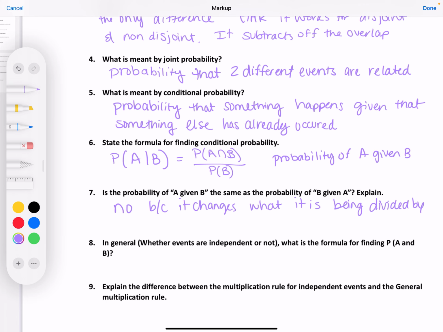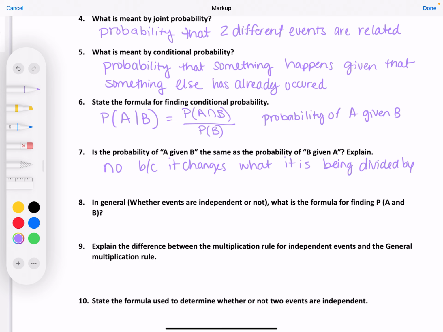In general, whether events are independent or not, what is the formula for finding the probability of A and B?